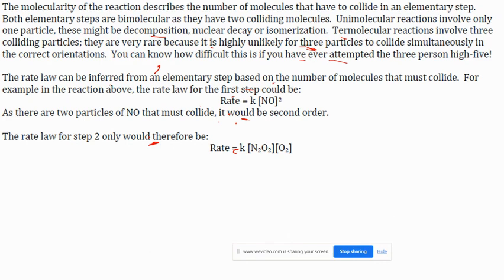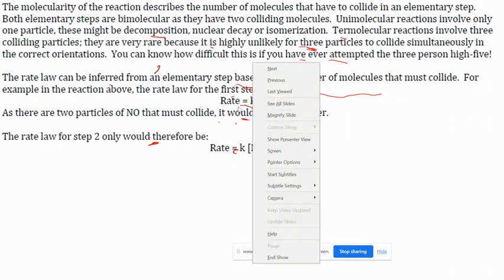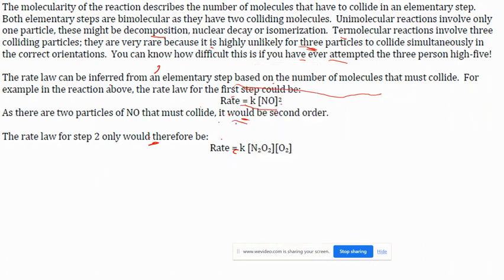So the rate law can be defined from the elementary step based on the number of molecules that have to collide. For example, here, our rate law for this one would be k[NO]^2. This would end up being a second order reaction.